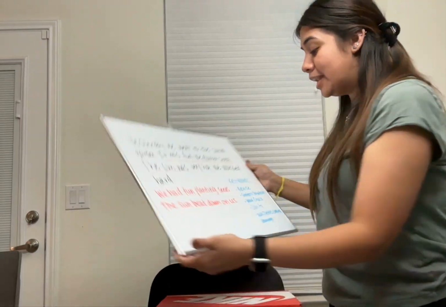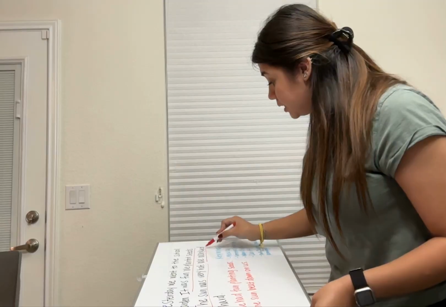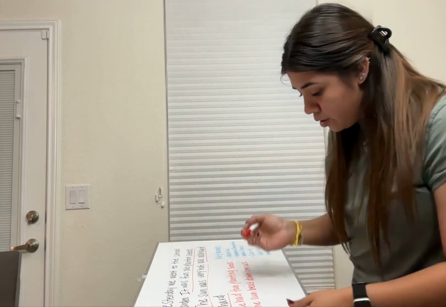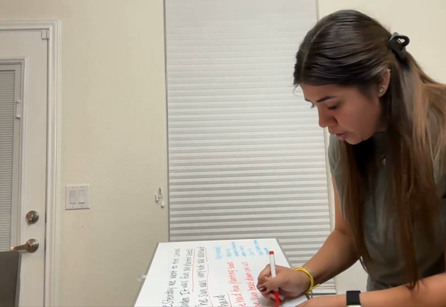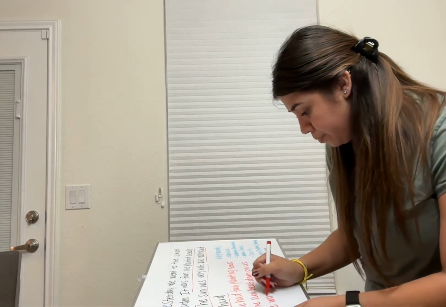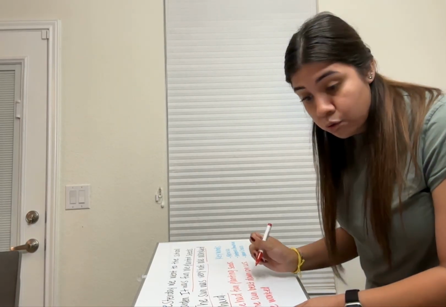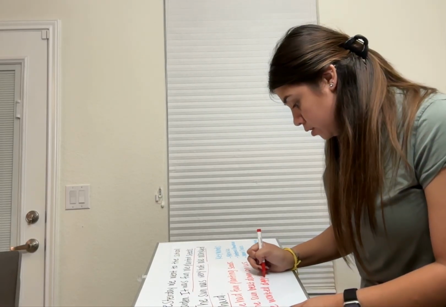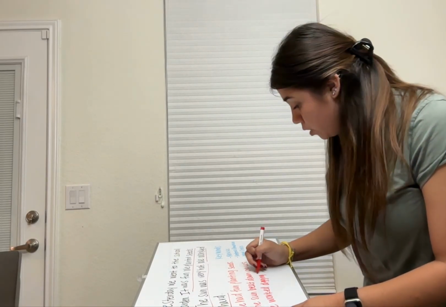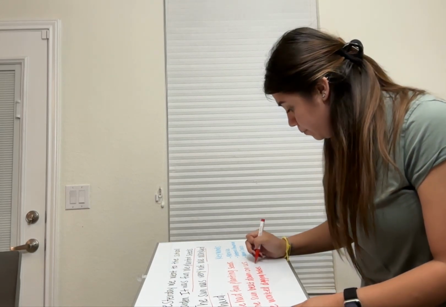So let's put that in here to make this sentence have a little bit more detail, right? To give the reader a clear picture. So we're going to put, we worked hard digging holes and watering the soil.